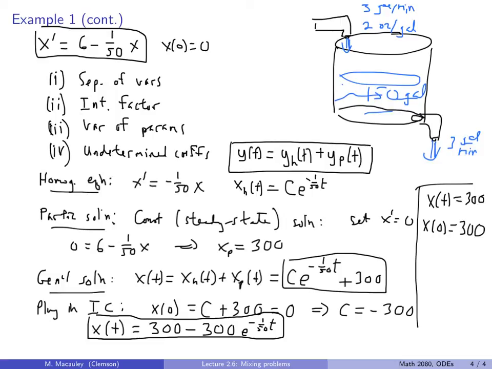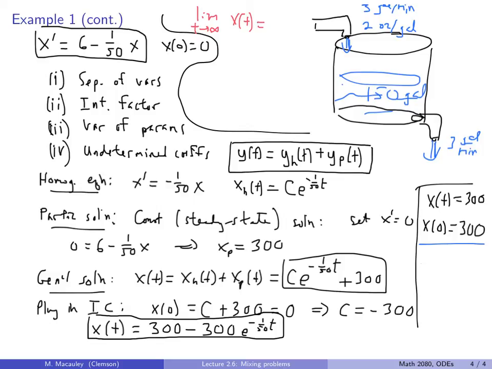Let me say one more thing, actually. What is the limiting value of the amount of salt? I'll do it up here, I'll use red. What is the limit as t goes to infinity of the amount of salt in the tank?